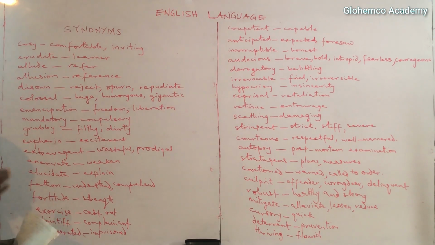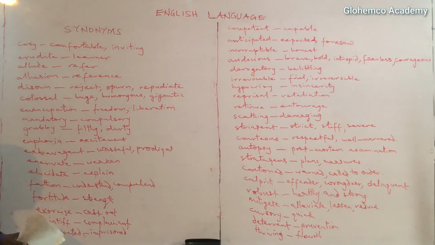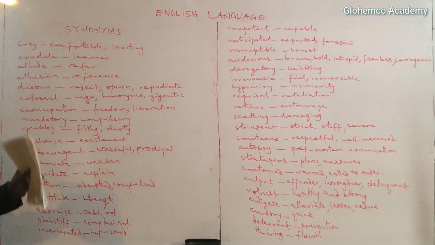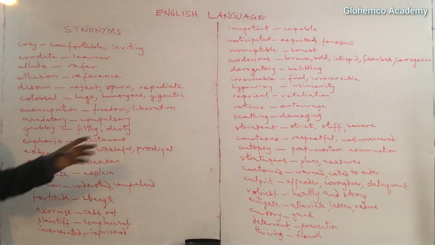For the whole hour it would be music, no announcement, no advertisement, no symposium, nothing. It's from that we have this extravagant. Extravaganza is a noun, and this is the adjective. So we have wasteful and prodigal.